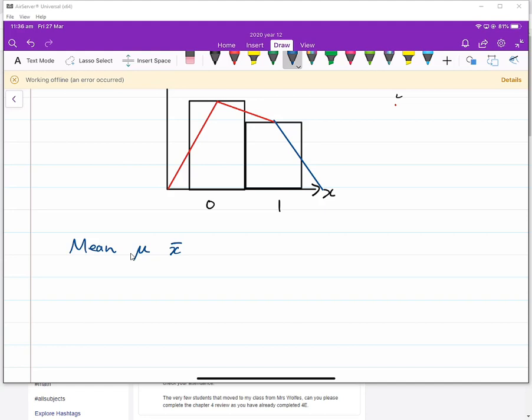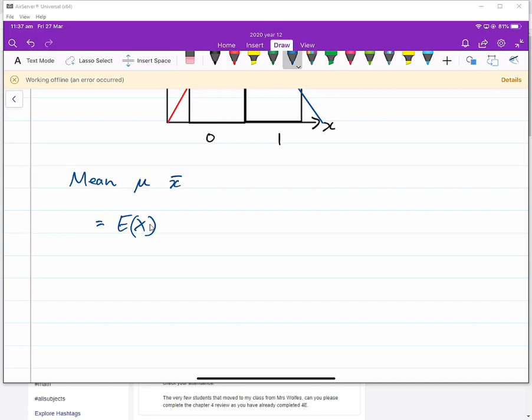We can work this out. We know that the mean is the expected value, and hopefully you remember from previous studies that to work it out you take the sum of each of the x values times the probability that x is those values.